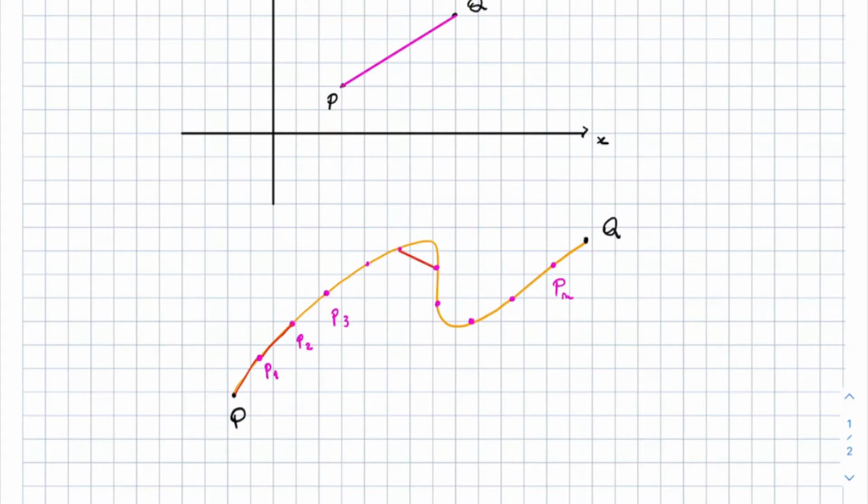So we have to be careful, because even if it seems that the segments are very, very near to the curve, depending on how we choose the points, this segment might be very far from the curve, completely outside the curve.